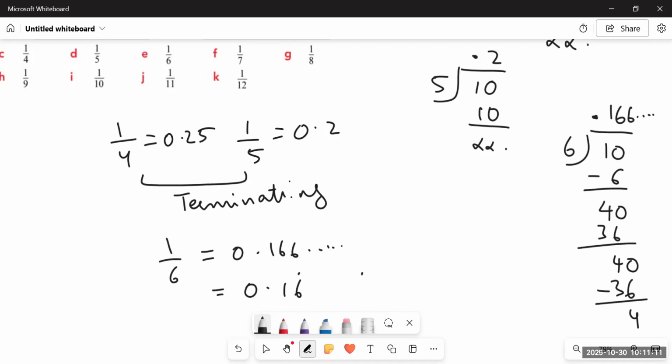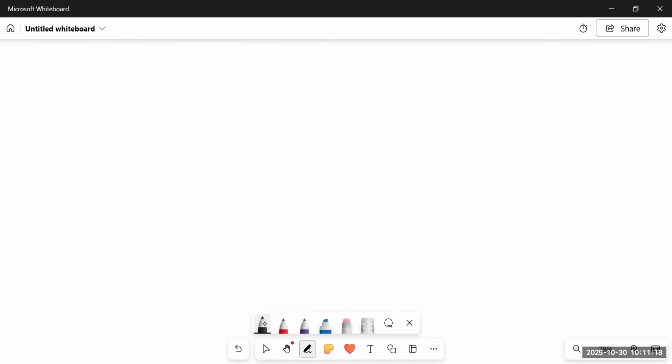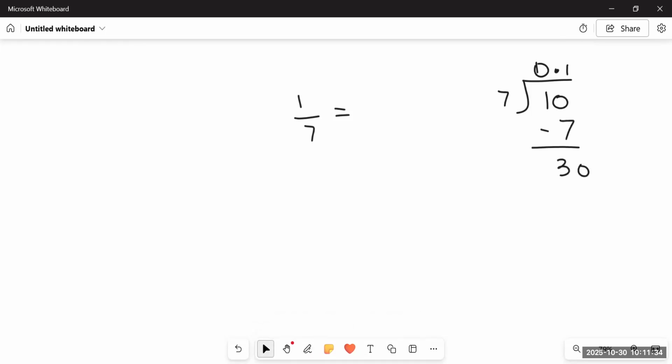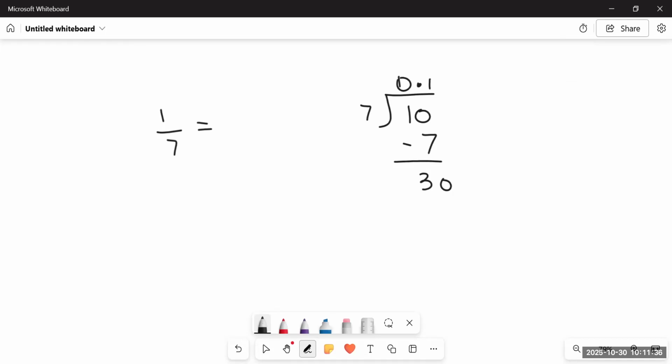So let's see about 1 over 7. When we divide 1 by 7, 7 ones are 7. Oh, sorry. 7 ones are 7. Here comes 3, we'll put 0, and then 7 4s are 28. Here comes 2, 7 2s are 14.